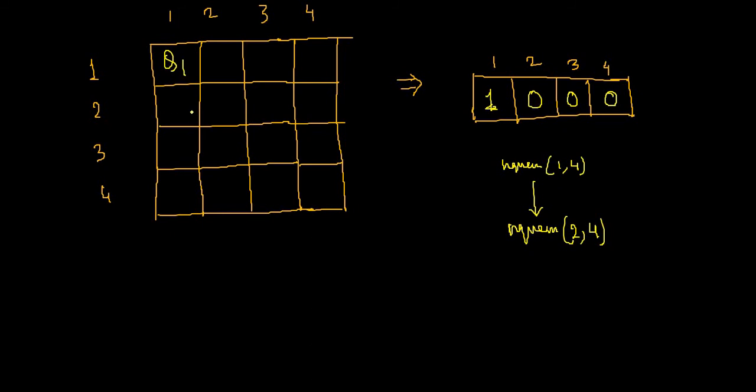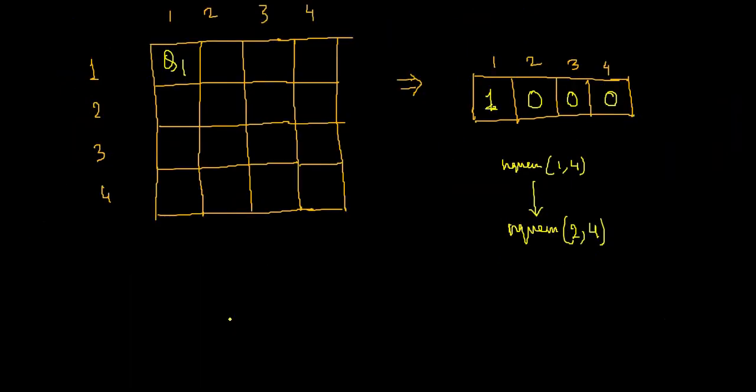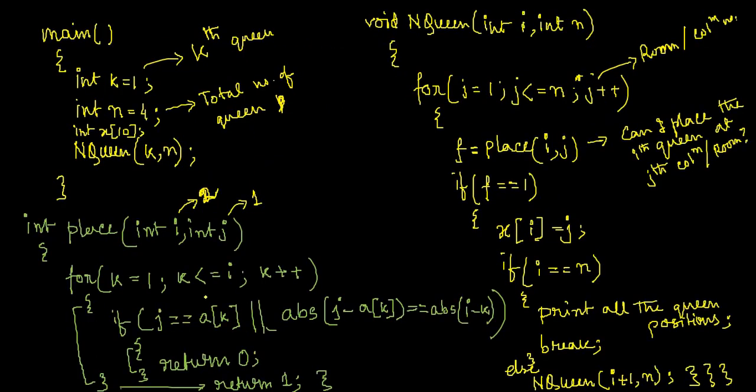Right? And that will be identified in this particular line because place means this, now it is the second queen in the first position, that means now this is 2. So for the first queen, it will check with the first queen first, and you see j is equal to 1, fine, and a of k, a of 1, k is 1, that means a of 1 is equal to 1. So I have a match.